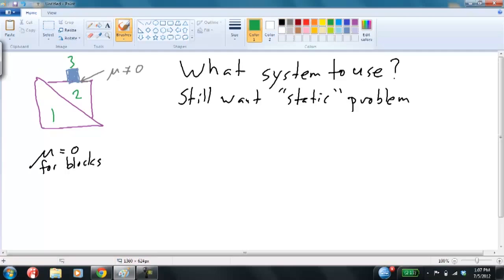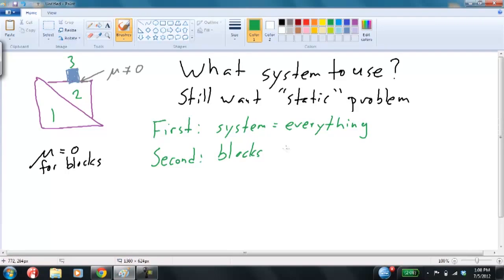Okay, fine. Then you just say, for the first part, I'm taking the system as being everything, so I just add in an M3 there. And for this part here, I would take blocks 2 and 3, and so every place I had an M2, I would just make it M2 plus M3, and so on.